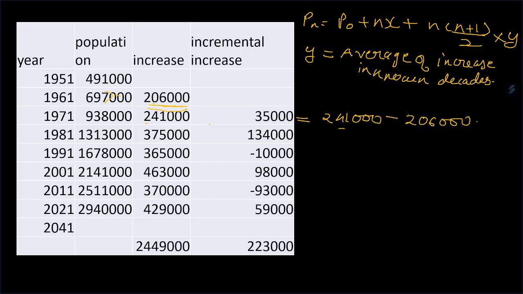And similarly, 1,34,000 is obtained by 3,75,000 minus 2,41,000, and that's how you get it. So similarly, we have to just subtract the increment from the preceding years, and that's how you get all these values.